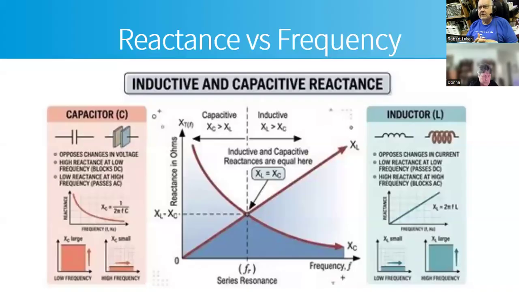I found this chart, it's a little busy, but it's got a lot of information. The one in the middle is just your standard plot you see a lot, showing both inductive reactance and capacitive reactance. The one thing to note, and we'll talk about that in a little bit, is where they cross. At that point, the inductive reactance and the capacitive reactance are equal.